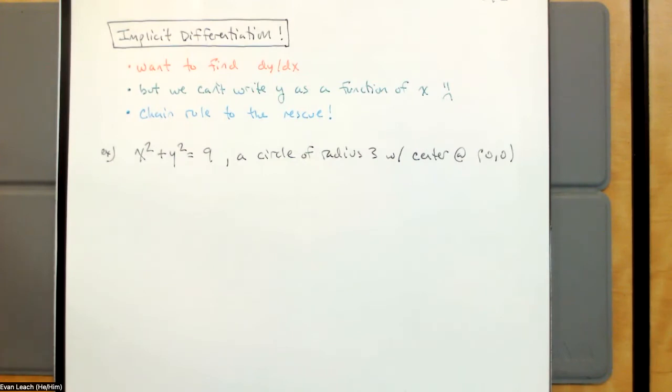So here's an example. I have this relationship between x and y. It makes a circle of radius 3 with the center at the origin. I want to know how y is changing with respect to x, but I can't write y as a function of x. I need two functions of x, so I can't write y as one function of x.